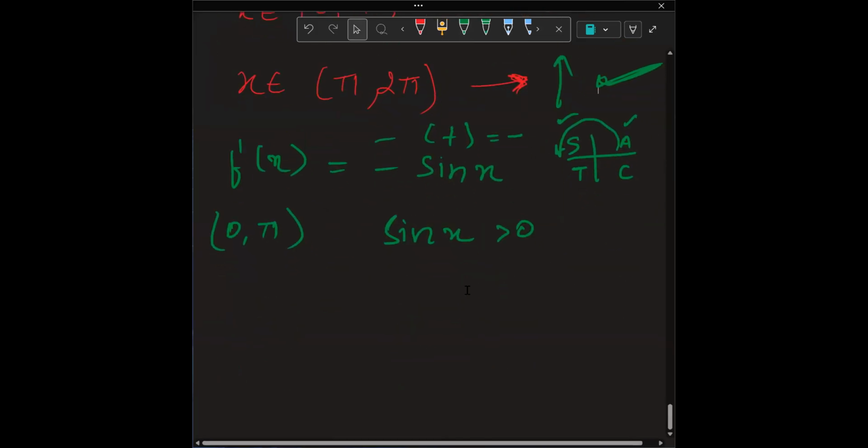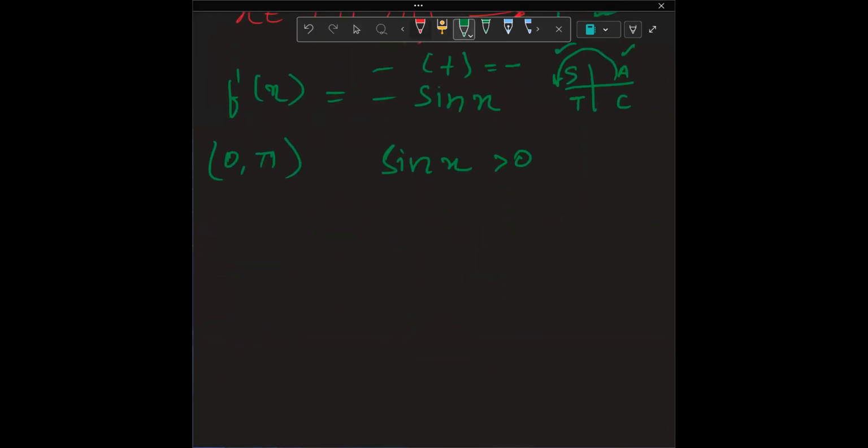ओके, नाउ टेल मी अबाउट दिस. This is a function. You have to find the interval. Okay, you have to find the interval for which your function is increasing and decreasing.